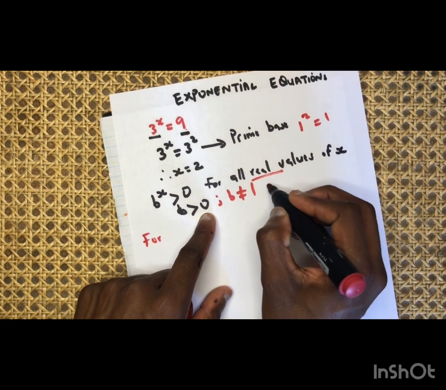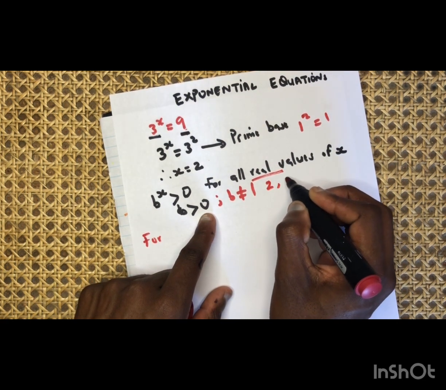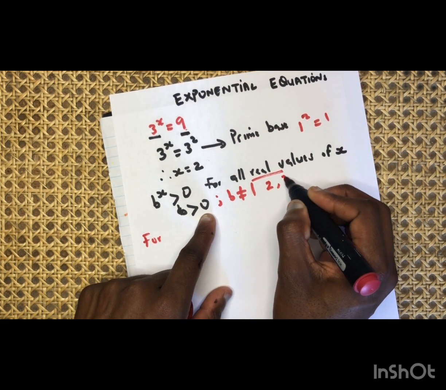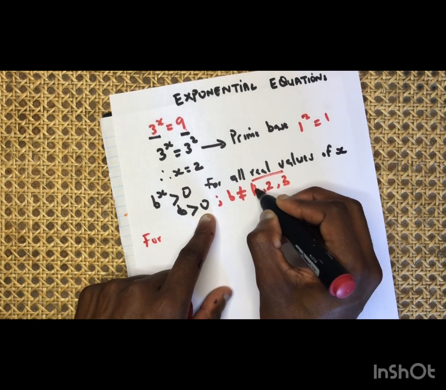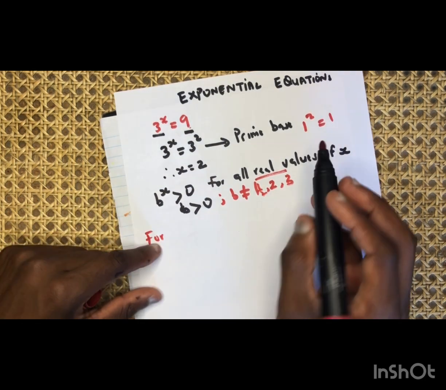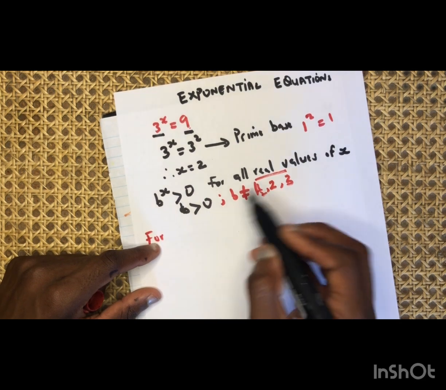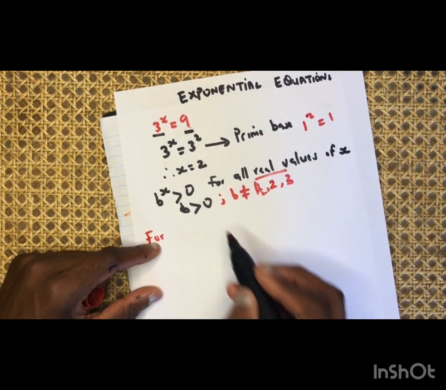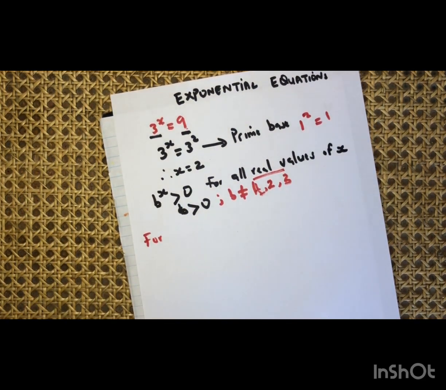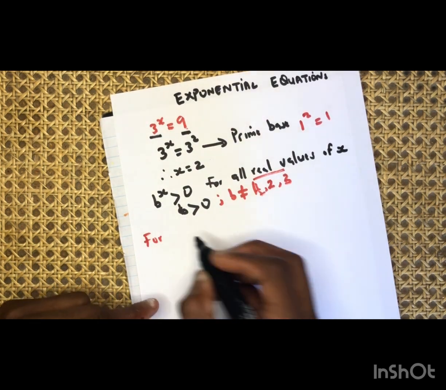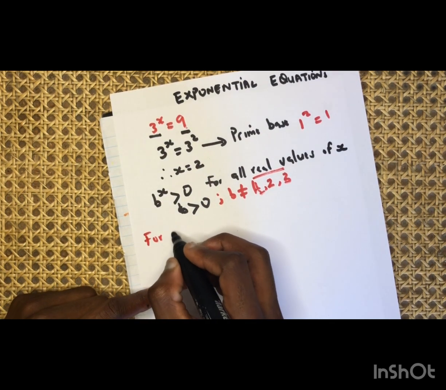In other words, it must start with 2, 3, or maybe 1 over 2 here, as long as it is bigger than 0, because we know that 0.5 is bigger than 0.